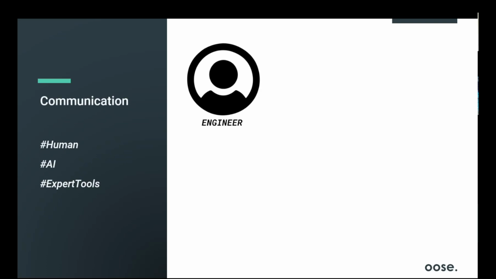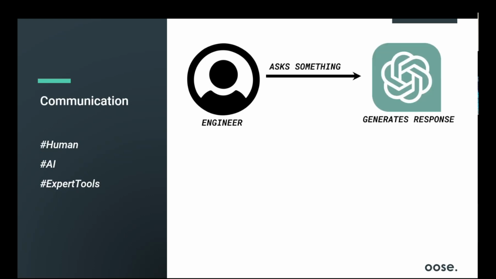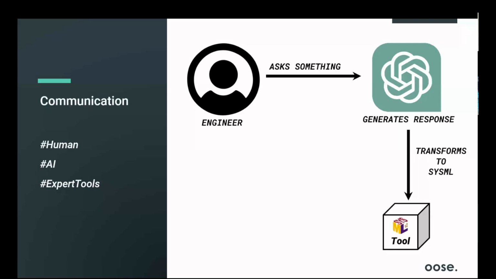Well, something like this. We have an engineer, and now we can incorporate the expertise of a SysML tool. So why should the AI do the whole SysML job? The engineer asks the AI something, the AI generates a response, and now transforms this to SysML and sends it to a SysML modeling tool.